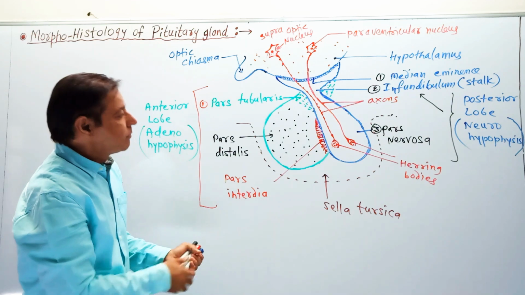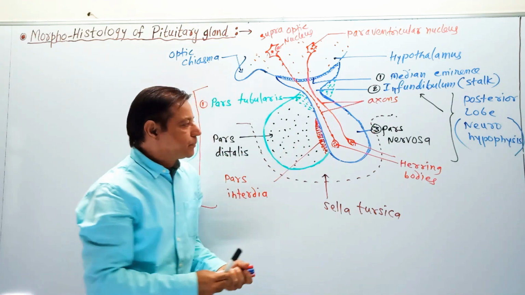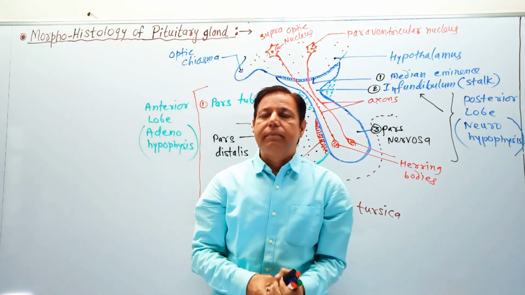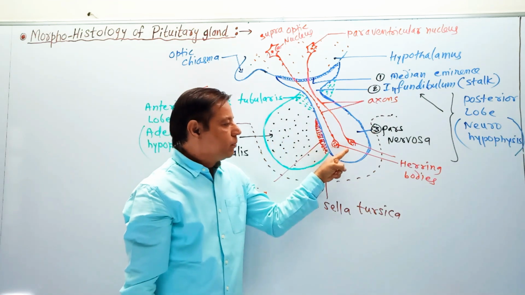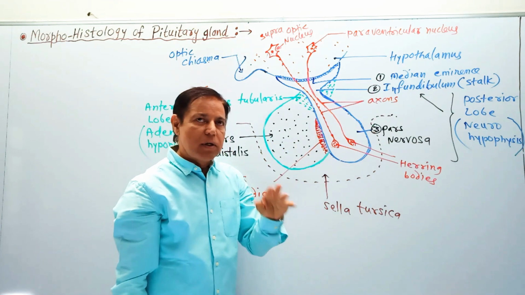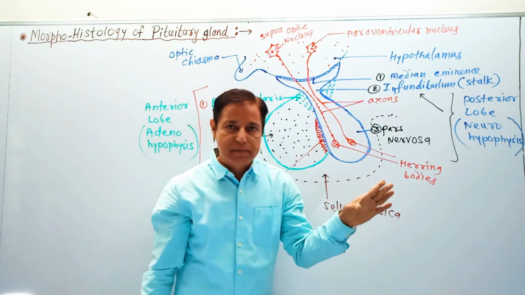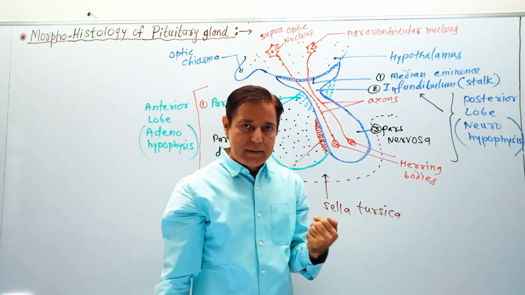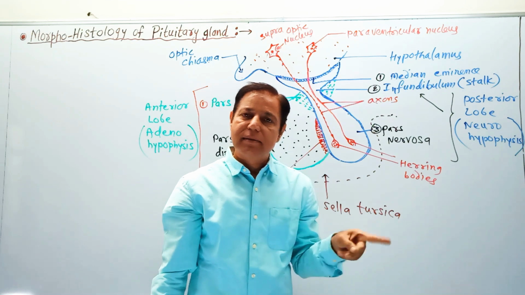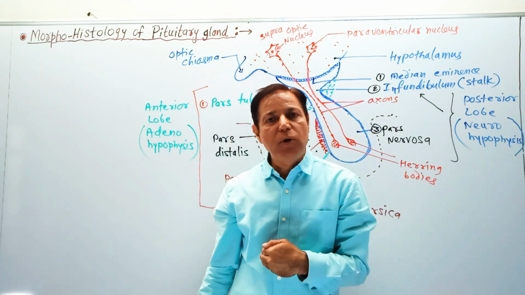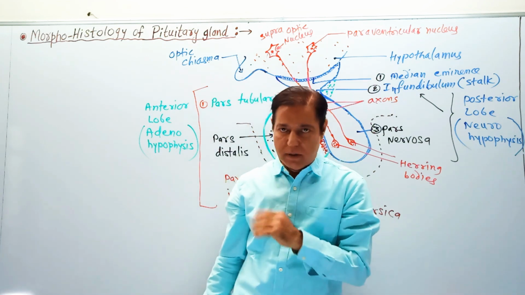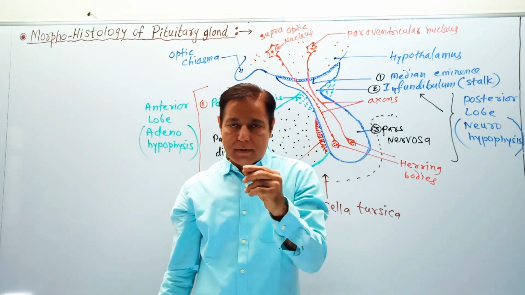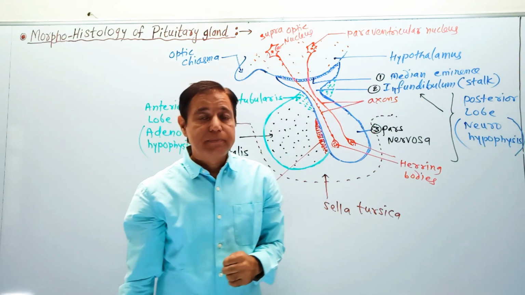Okay, now the next part is about the blood connection to the pituitary. The pituitary has no separate blood vessels, unlike, for example, the liver, which has hepatic artery and vein, or the lungs, which have pulmonary blood vessels, or our brain, which has carotid artery and veins.